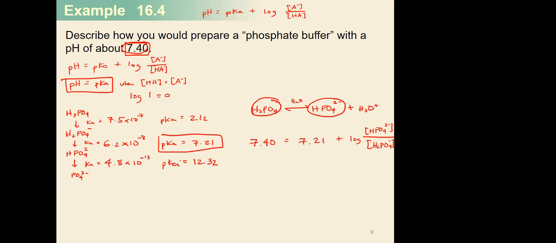What do you get? 7.40 minus 7.21 gives you 0.19. To get rid of the log, 10 to the 0.19 is equal to the ratio of the concentrations.